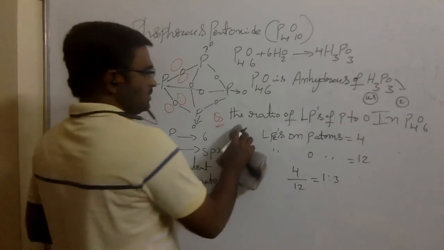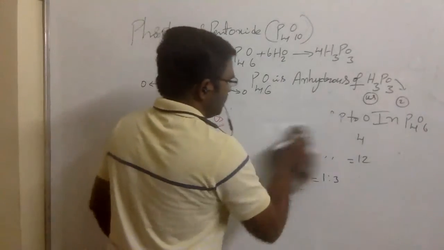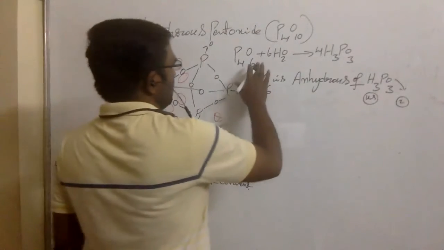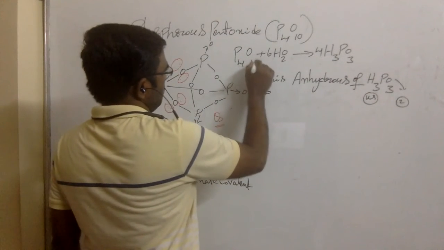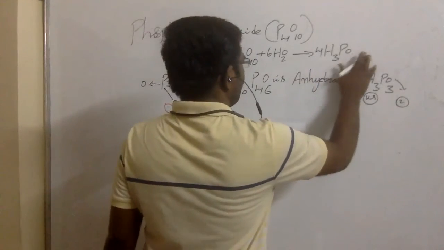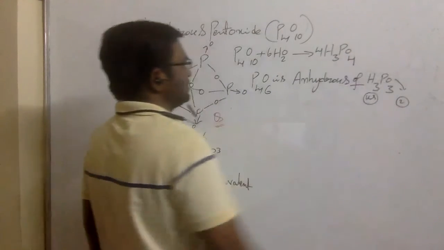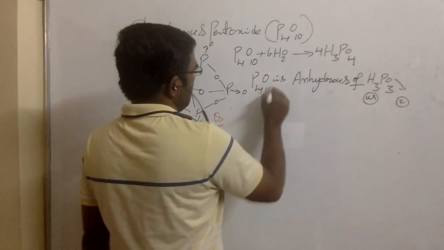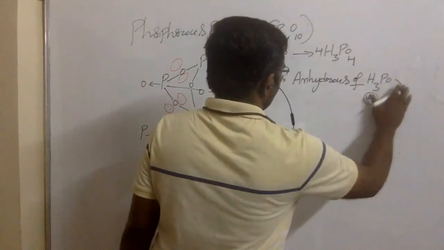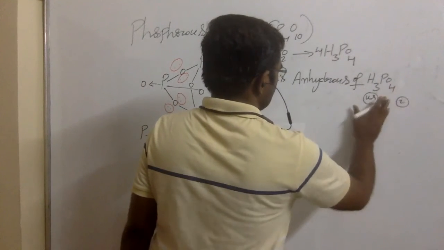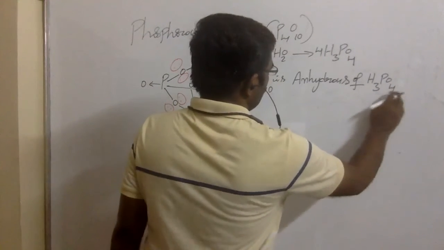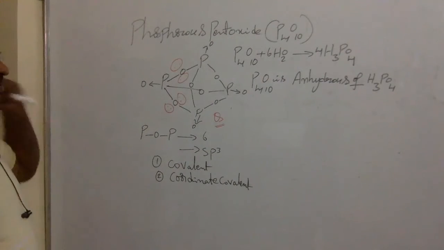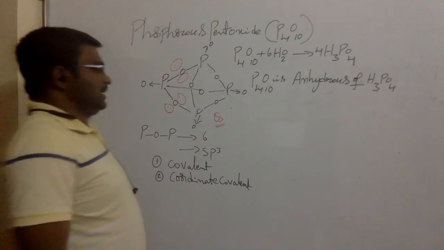Next, see students, hydrolysis of phosphorus pentoxide gives phosphoric acid. Formula of phosphoric acid is H3PO4. Here P4O10 is called the anhydride of phosphoric acid. This is a tribasic acid; its basicity is 3. This is the information about phosphorus pentoxide.